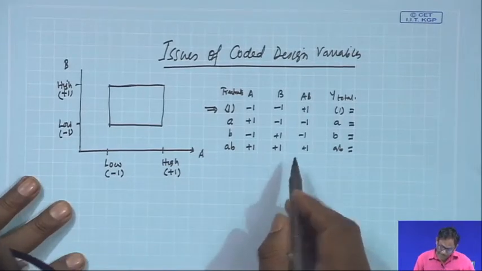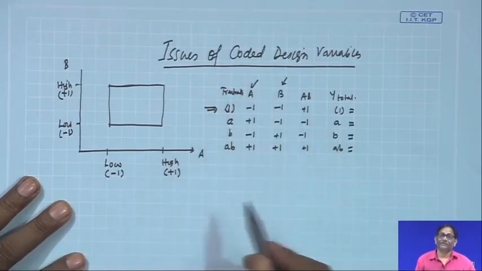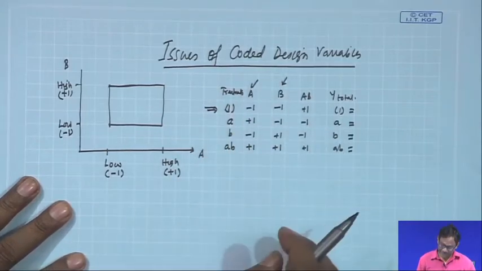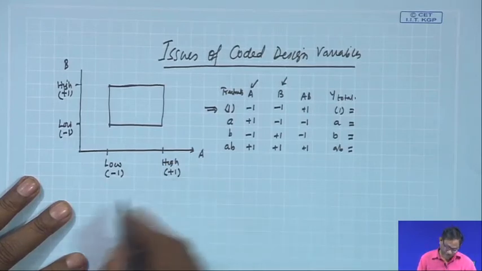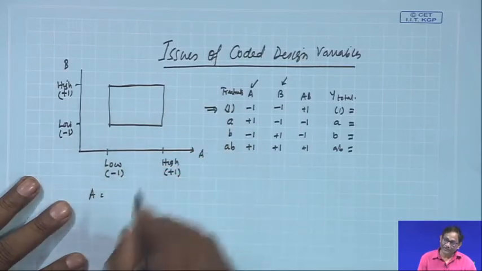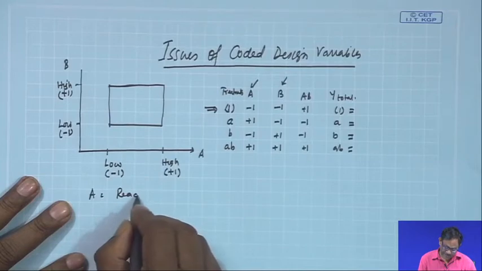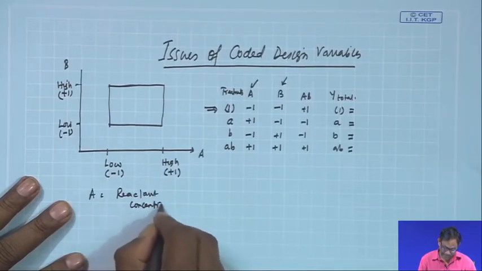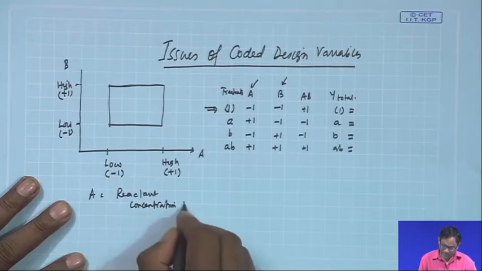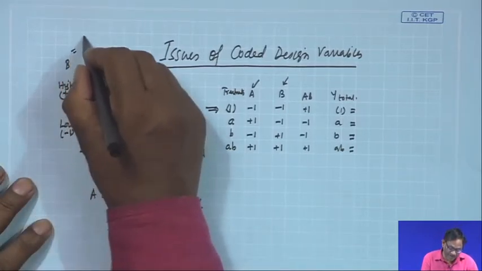Now see, what about this A and B? They are real physical variables. For example, say it is a chemical process, A is the reactant concentration in percentage, and B is the amount of catalyst.